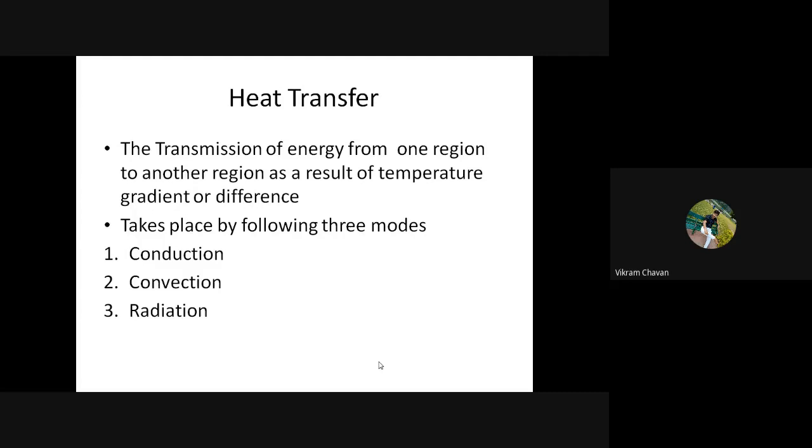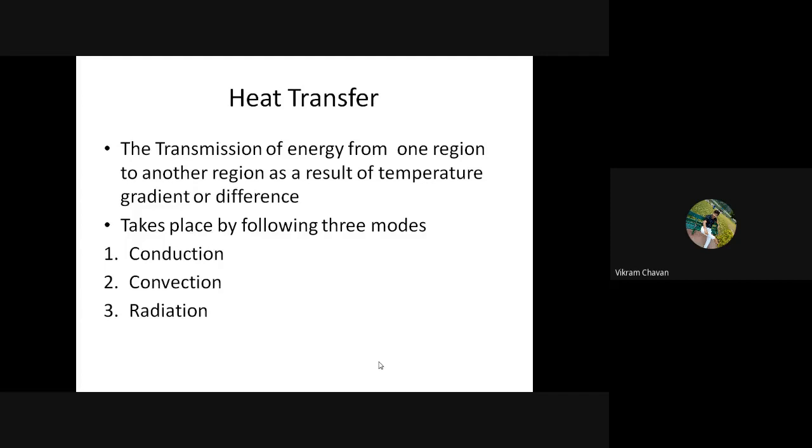In the definition itself we can find the difference between heat transfer and thermodynamics. Thermodynamics deals with work, energy and the state of matter at an equilibrium condition. That is the basic difference between heat transfer and thermodynamics.